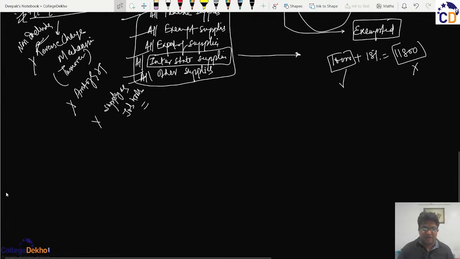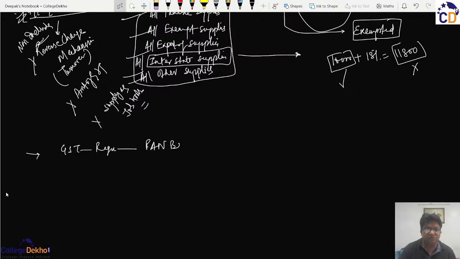And it has to be noted that GST registration is a PAN based registration and it is wholly an online platform known as the GSTN.